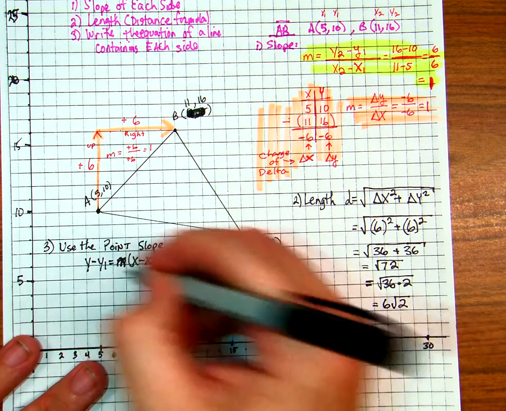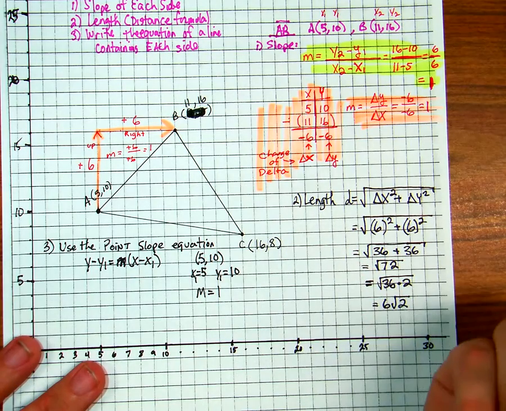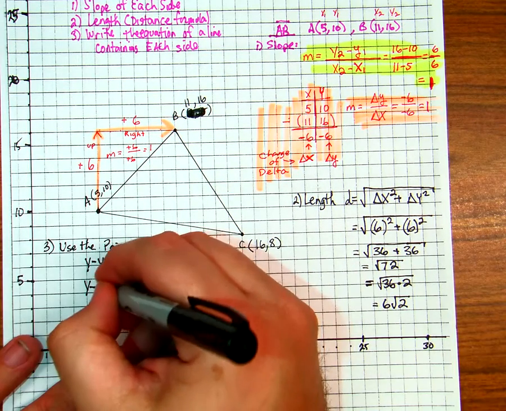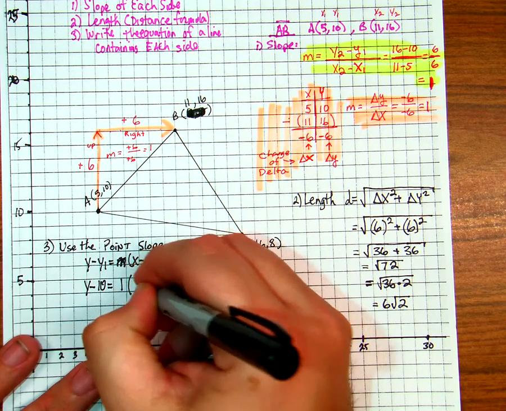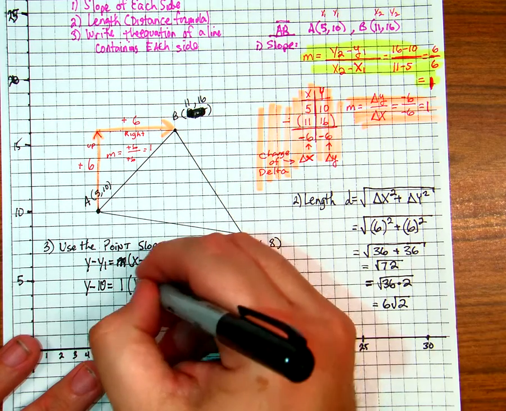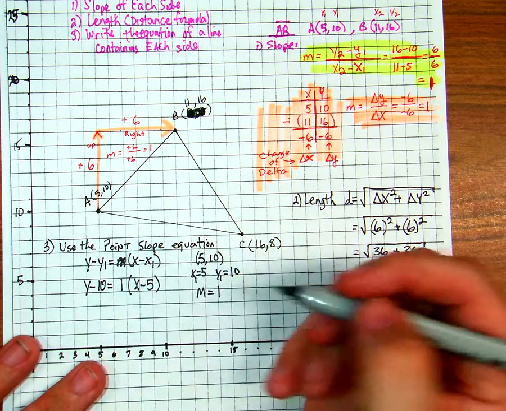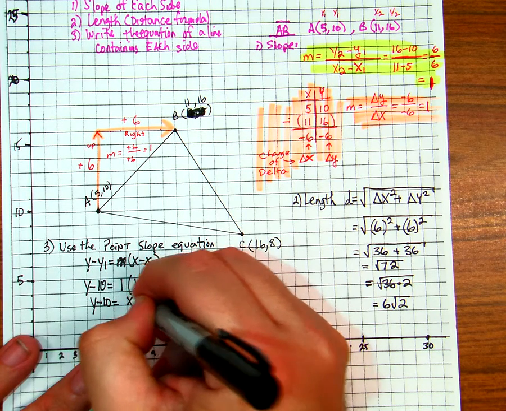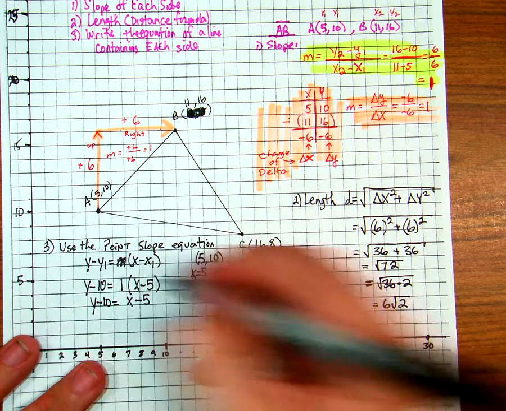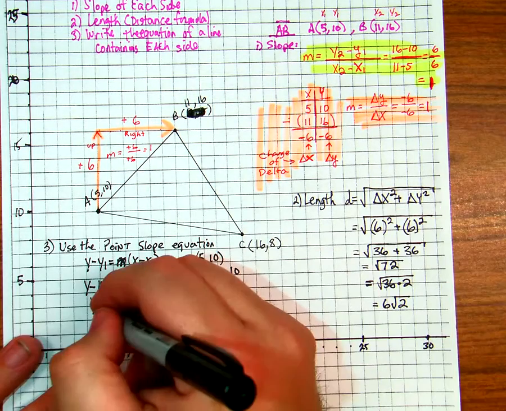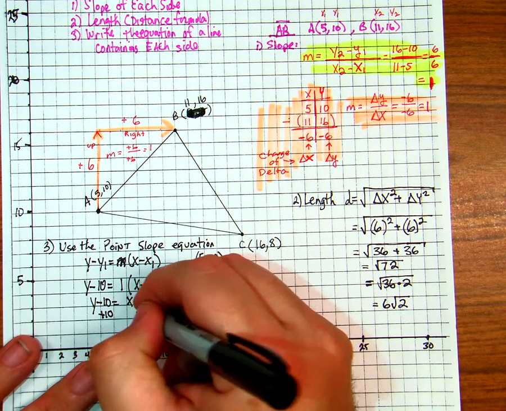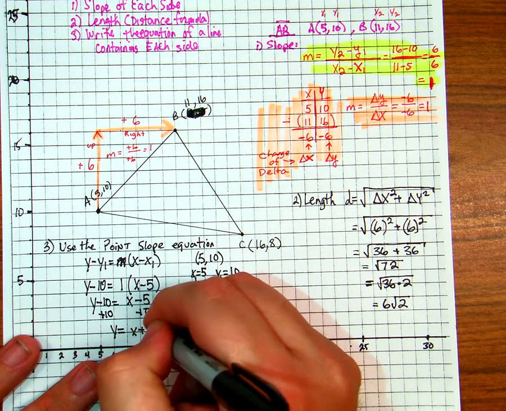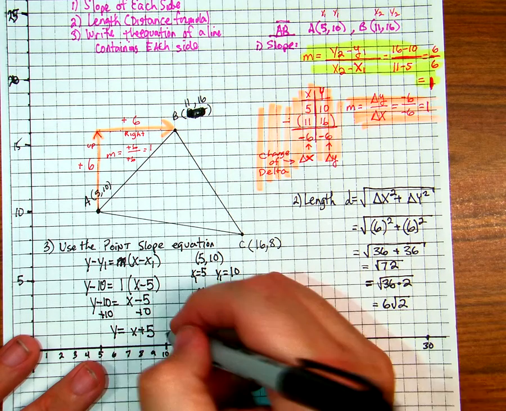So I get y minus, I got my 10 here, is equal to 1 times x minus 5. So I get y minus 10 is equal to x minus 5. Distributing the 1 doesn't really do anything. Add 10. y is equal to x plus 5. Where I know my y-intercept is equal to 5.